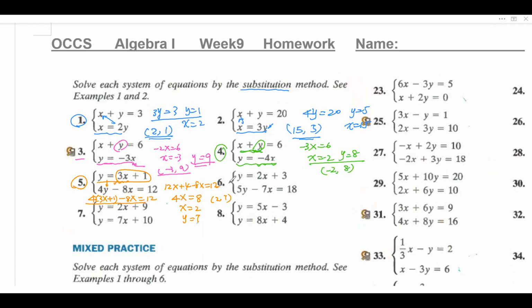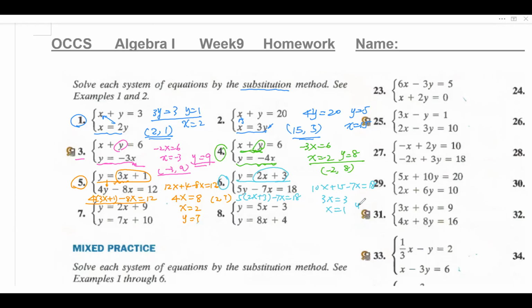Let's see number 6. y equals 2x plus 3. So substitute this y with this expression. So we get 5 times (2x plus 3) minus 7x equals 18. Distribute inside, it becomes 10x plus 15 minus 7x equals 18. Simplified, 3x equals 3, x equals 1.